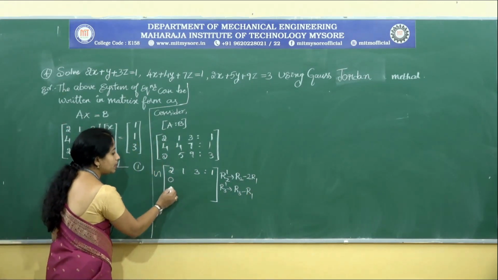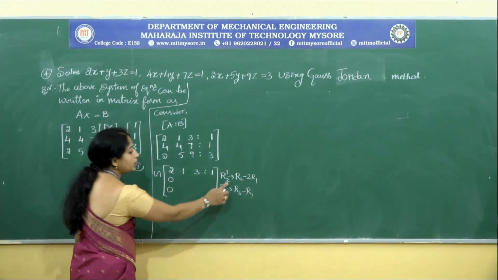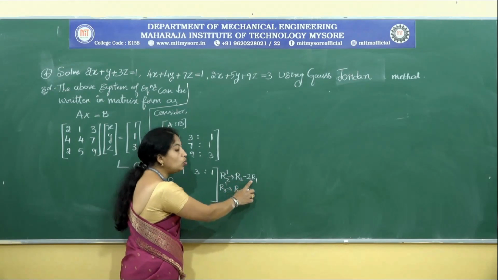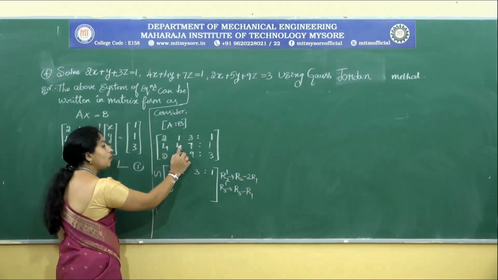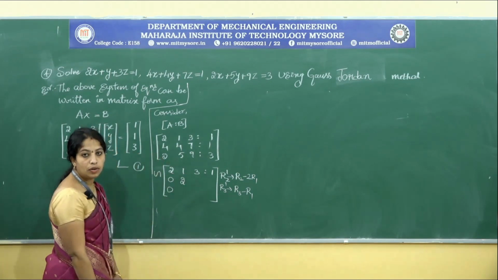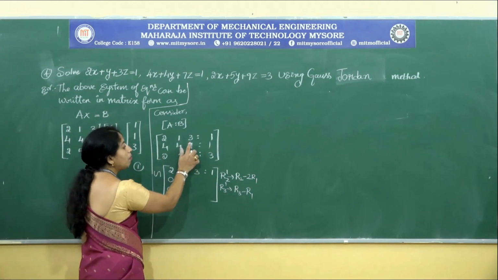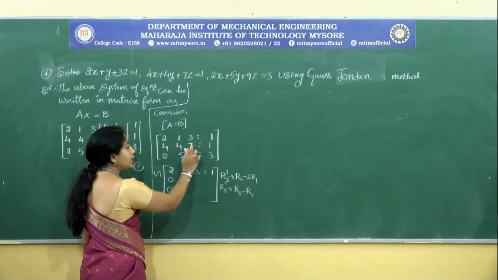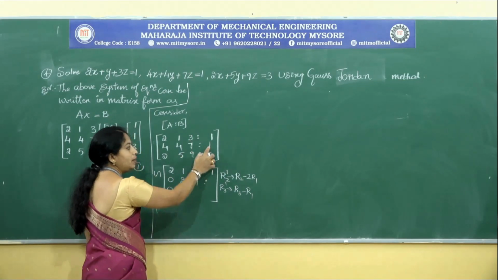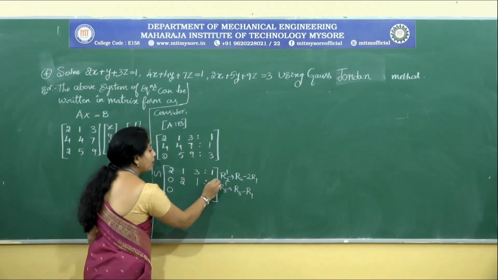Now, these two elements are 0. The row operation is R2 dash is R2 minus 2 times R1, that is 4 minus 2 times 1, we will get 4 minus 2 is 2. 7 minus 2 times 3 is 6, 7 minus 6 is equal to 1. 1 minus 2 times 1 is minus 1.